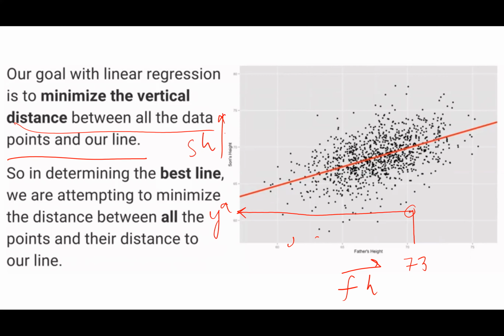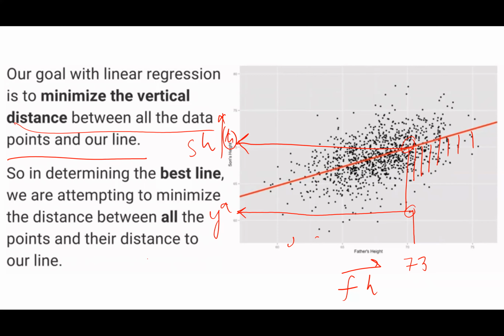And my model is giving me this value. This is the height that my model is saying you should have. I'm generalizing. So we will find all these vertical distances from all the data points, and we'll try to minimize them.